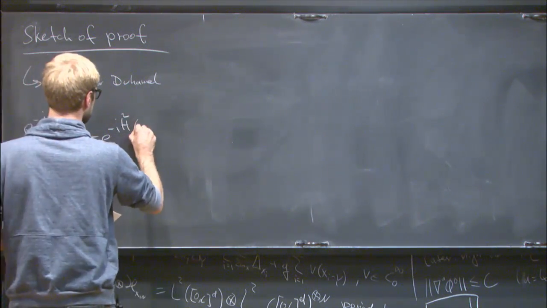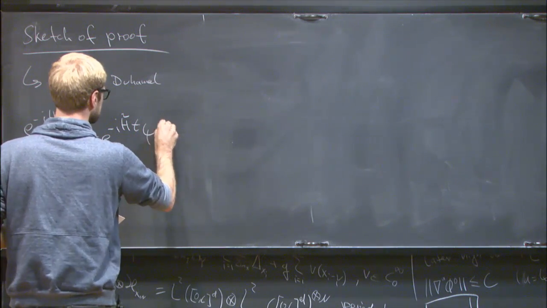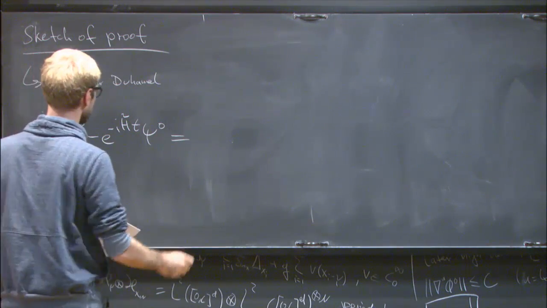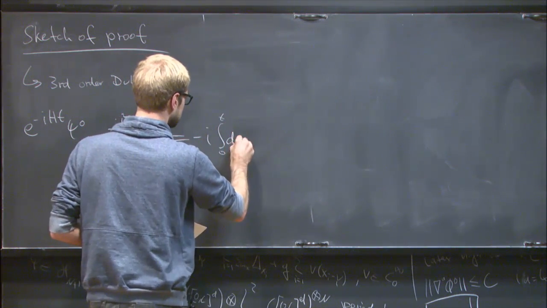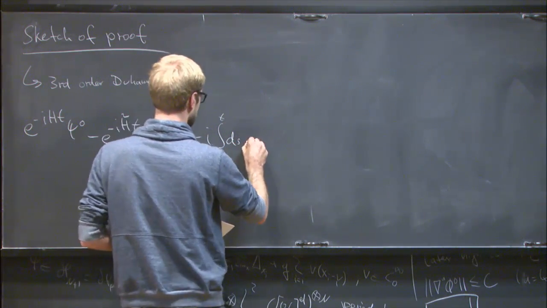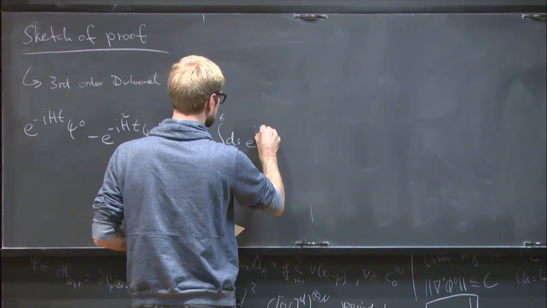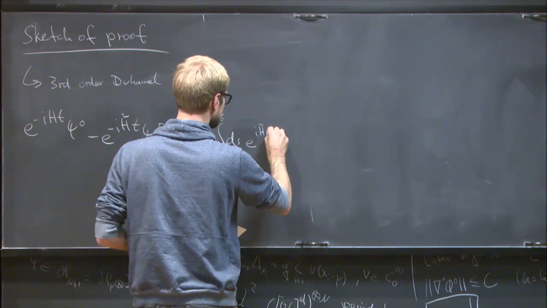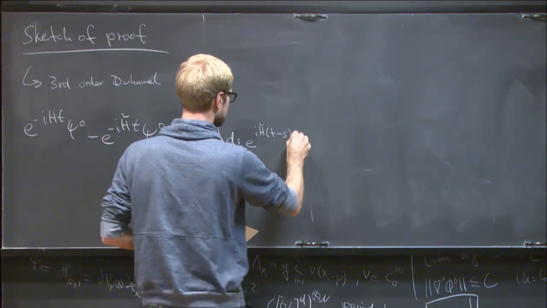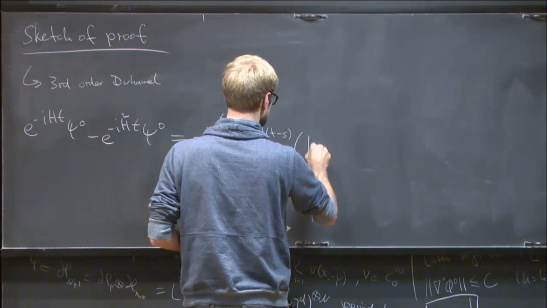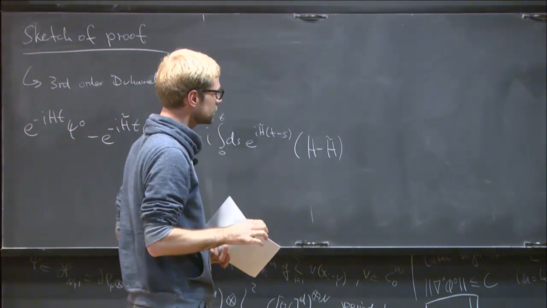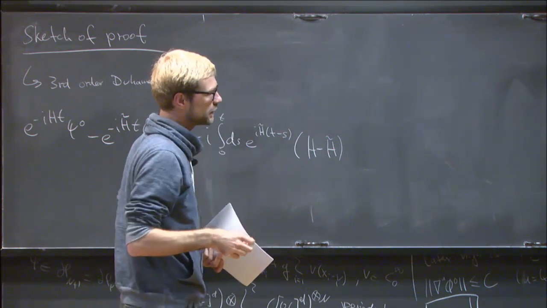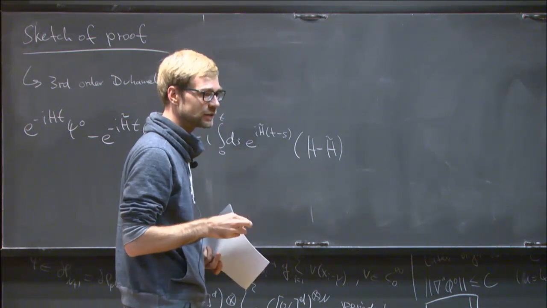Evolution with H, evolution with H tilde. So now I write down the Duhamel expansion, minus i integral ds, I have an e to the i H tilde (t minus s). And then I want to control H minus H tilde, which is the total interaction minus the mean field and the energy correction.